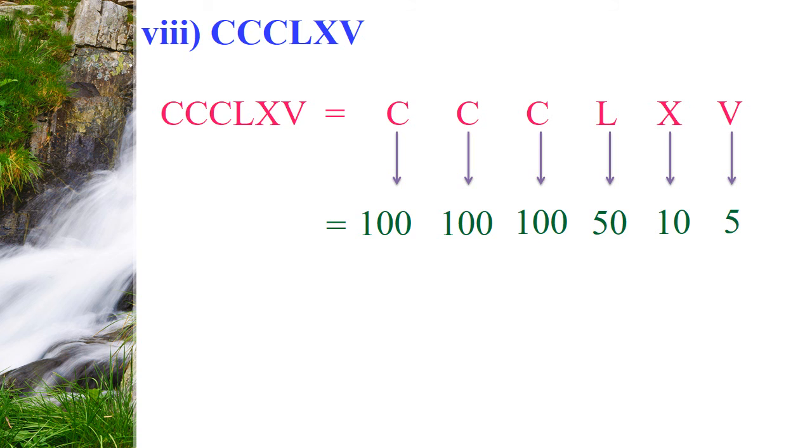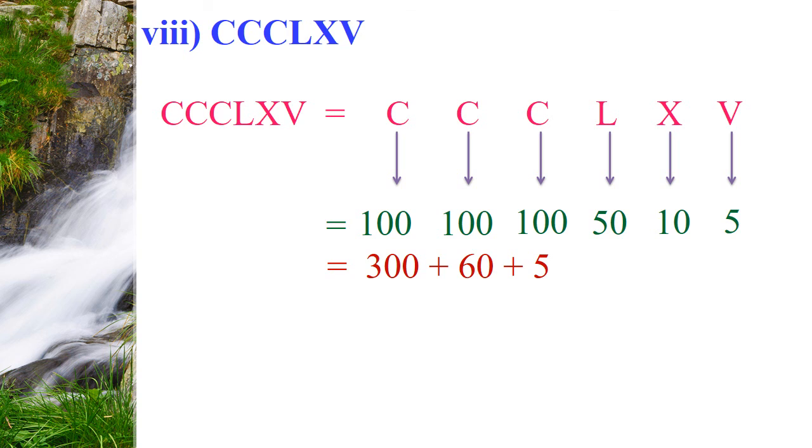So here C repeated 3 times. So we want to add the numbers. So 100 plus 100 plus 100, next one plus 50 plus 10 plus 5.